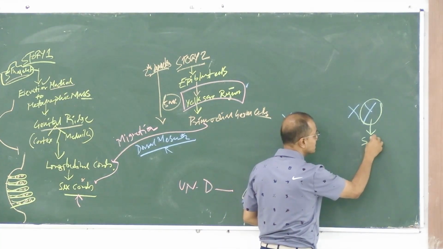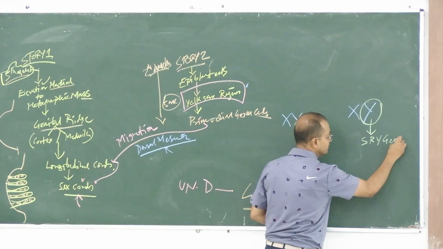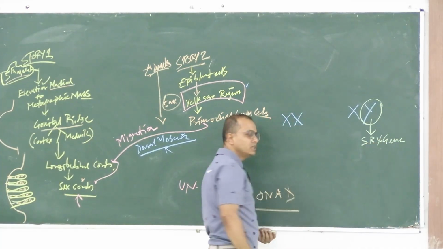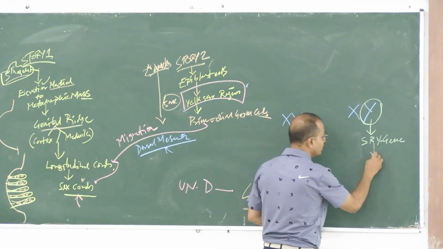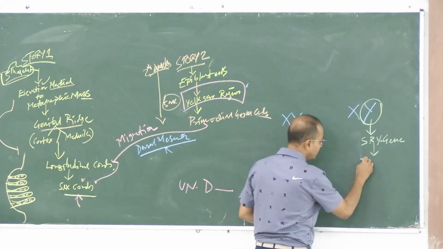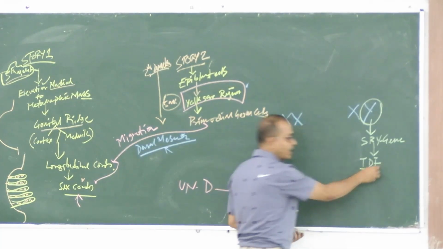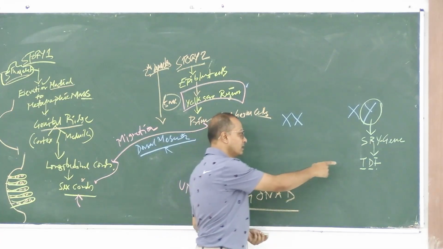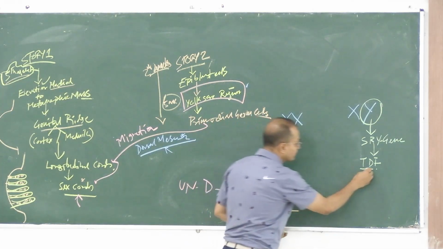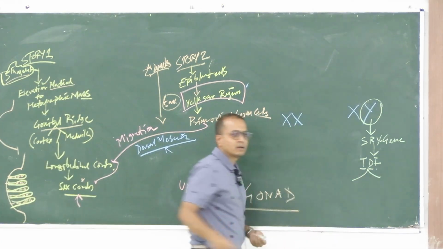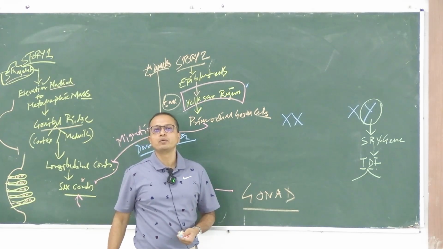We call it the SRY gene. This SRY gene secretes a protein known as TDF, Testis-Determining Factor. Now, what does the TDF do? It stimulates this genital ridge region.